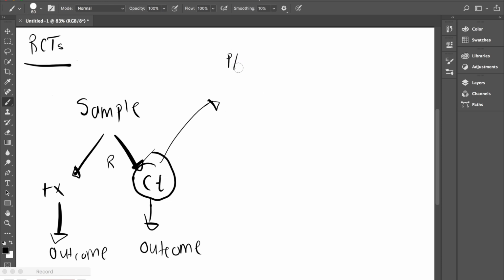Obviously, the one that's most well known is the placebo, right? And a placebo is essentially something that's biologically inert, but it looks as similar as possible to the active intervention. So if it's some sort of drug, then our placebo is going to look very, very similar to the drug. We could then also have a sham as a control.